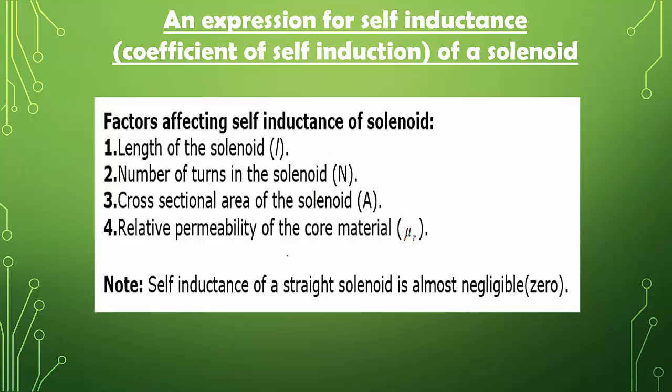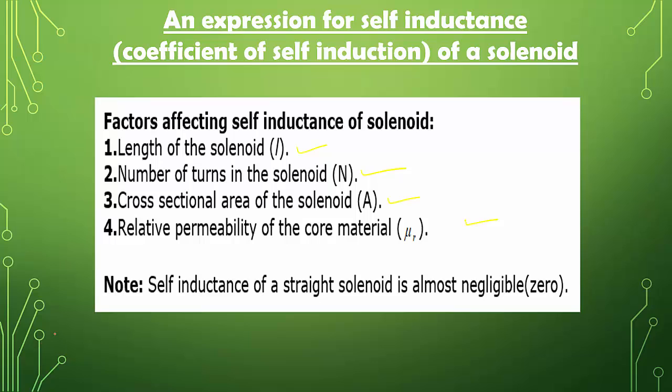The second point is the number of turns in the solenoid, that is N. The third is the cross-sectional area of the solenoid, and the fourth is relative permeability. Or simply you can remember the equation L equal to mu naught N square A by L. Those 4 terms themselves affect self-inductance of the solenoid.